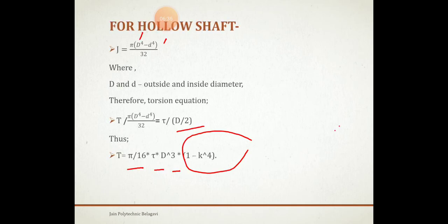Where K is nothing but the ratio of the inside diameter to the outside diameter, that is di by do is the value of K.